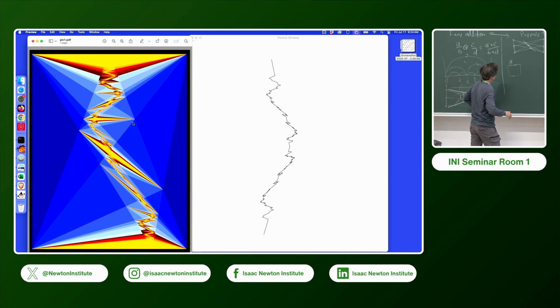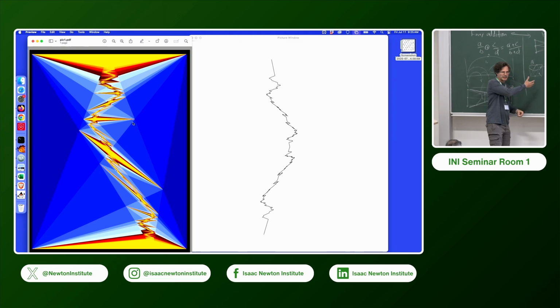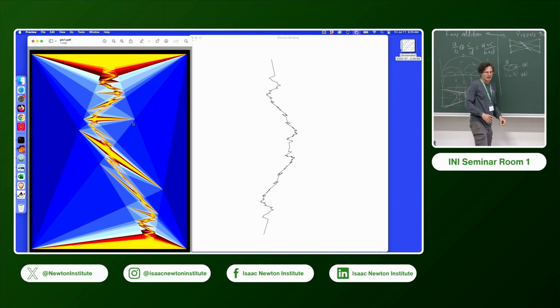Then when you do Pappus's theorem, this is T of A, and then B of A, and the semigroup generated by T and B gives this picture. And then there's also a third operation.